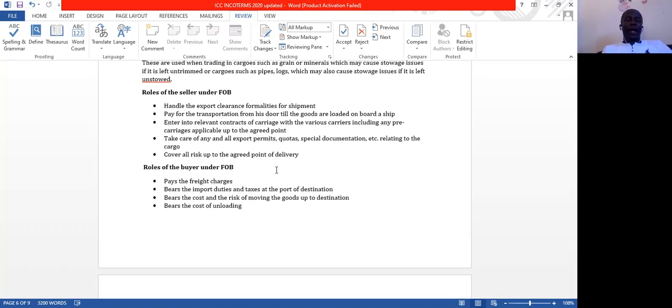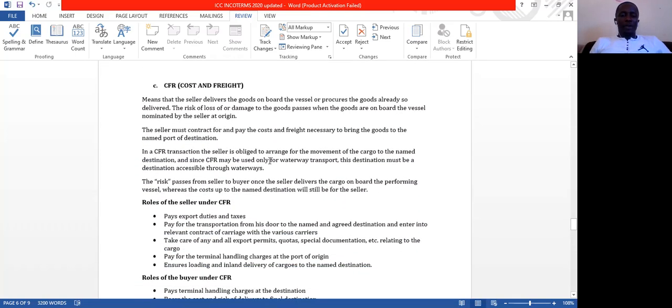Then the buyer pays the freight charges, bears the import duties and taxes at the port of destination, bears the cost and the risk of moving the goods up to destination, and bears the cost of unloading. So in FOB, normally we have what is called freight collect, which means it is the buyer who is going to pay for the freight at the port of destination.